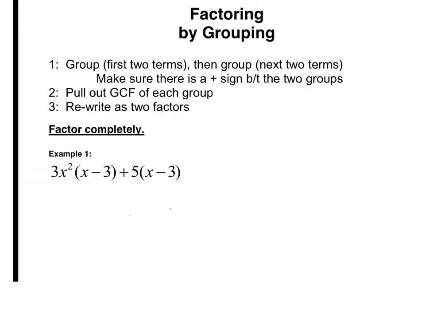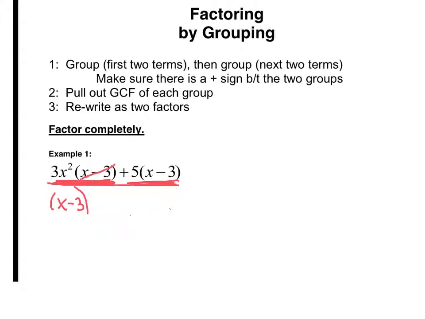So what I'm going to do is divide out a greatest common factor. You have to look at this as one term right here. The greatest common factor of this term and this term, what do they have in common? Well, they have that parentheses in common. So I'm going to write that right here, x minus 3, because I'm dividing that out of both terms.